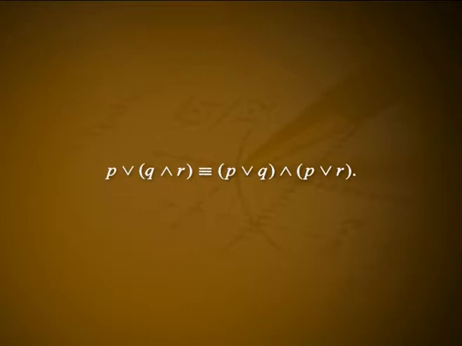Next, we change each Boolean sum into a disjunction and each Boolean product into a conjunction. This transforms the Boolean identity into the logical equivalence p ∨ (q ∧ r) ≡ (p ∨ q) ∧ (p ∨ r). This logical equivalence is one of the distributive laws for propositional logic.